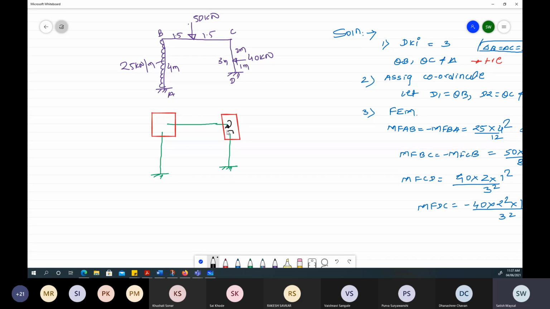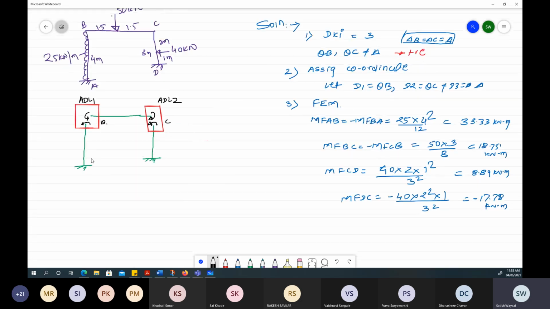This is the moments. ADL1 is this. ADL2 is this. So this is at C, this is at B.